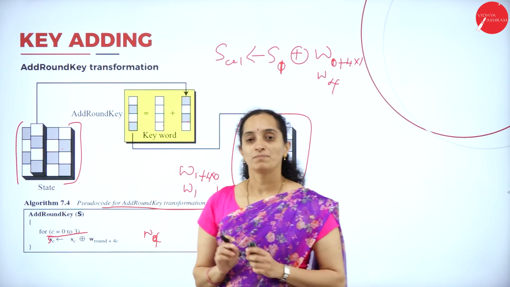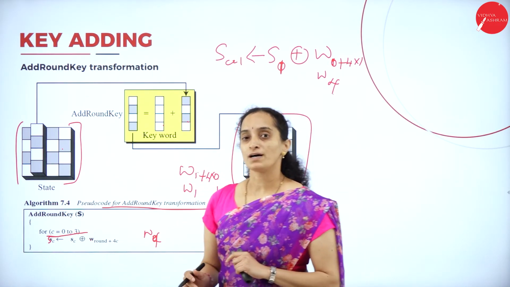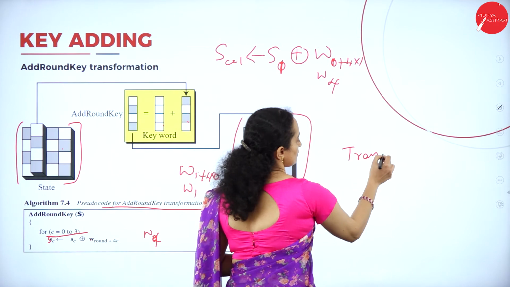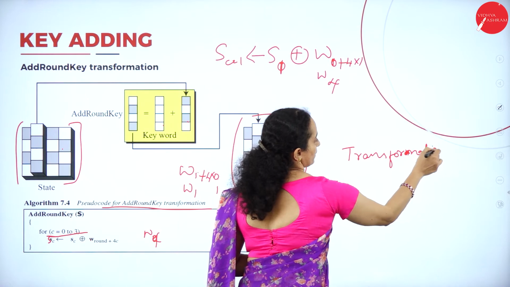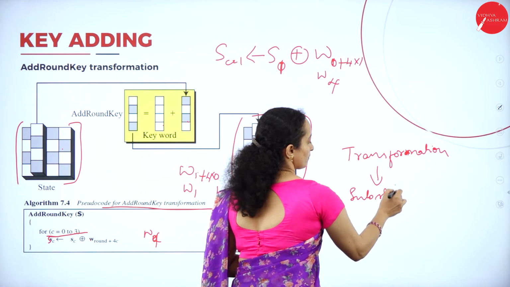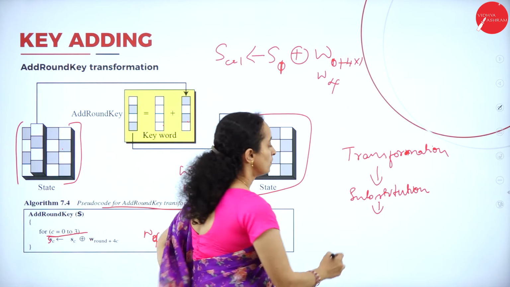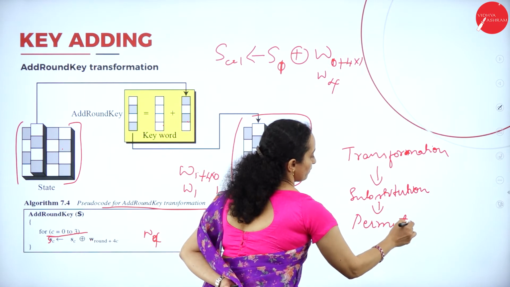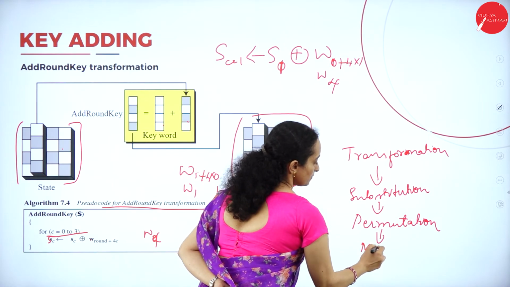So you can generate the round key. How do you perform the AES procedure? The first step is transformation. Next step is substitution. Next, you can do the permutation. Then mixing.